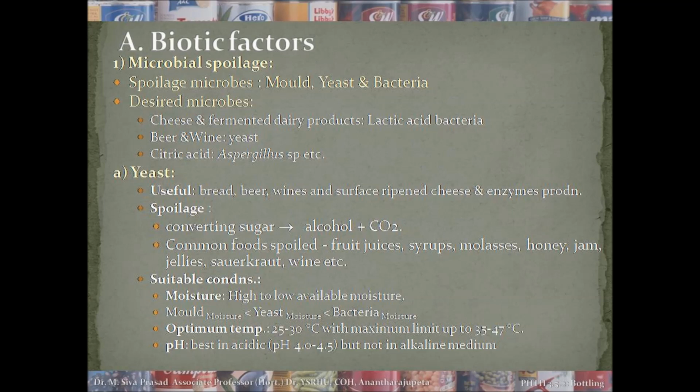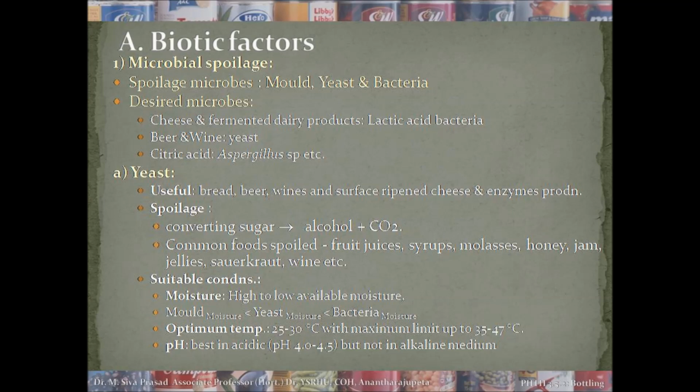Alright, after classifying the causes for the spoilage of canned foods into biotic and abiotic factors, we'll go step by step through all these factors, and try to know each and every aspect of them.